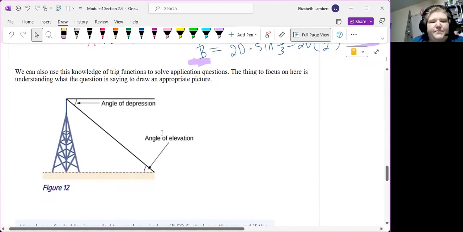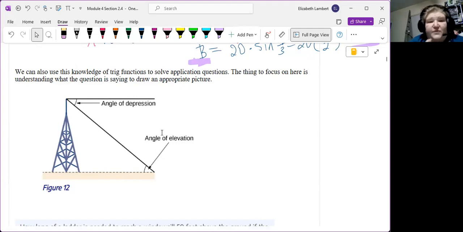All right. So there is the chance that you will have questions that talk about angle of elevation versus angle of depression. So an angle of elevation is something on the ground looking up at the top of a thing. Angle of depression is something up high looking down below the horizon line to something beneath them.